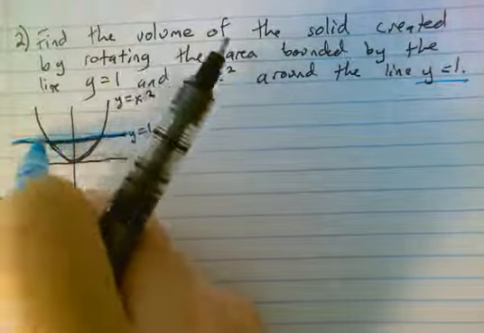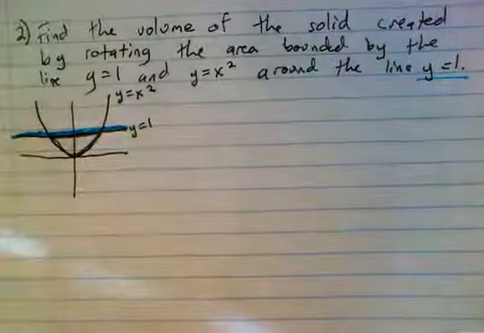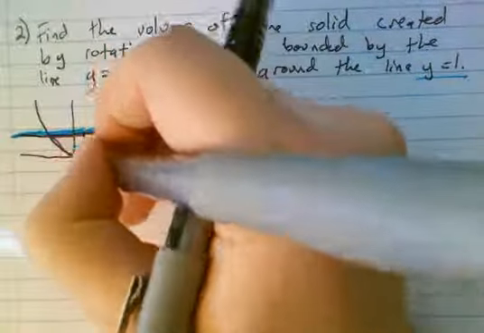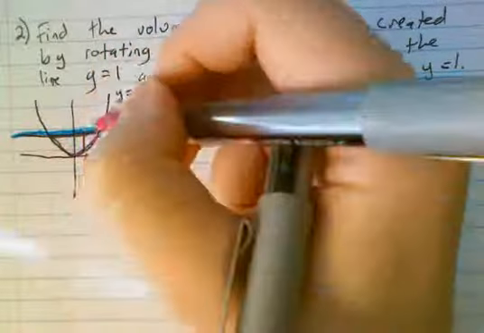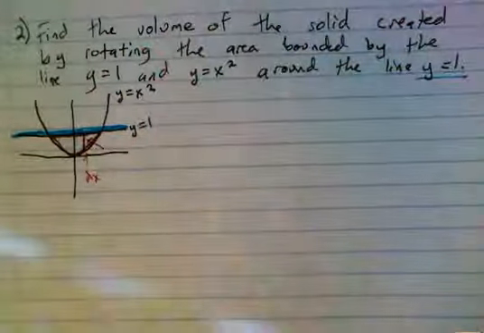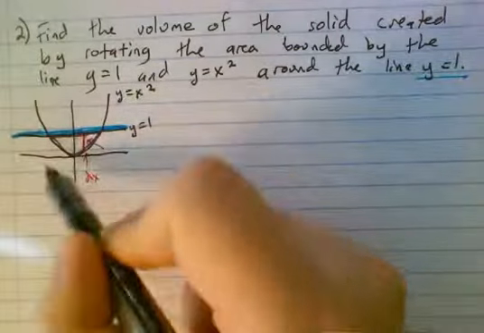So I'm going to mark that in blue. Okay, so that means my rectangles have to be drawn perpendicular. We can see this is going to be a dx, and this distance right here is going to be this upper function minus this lower one right here.